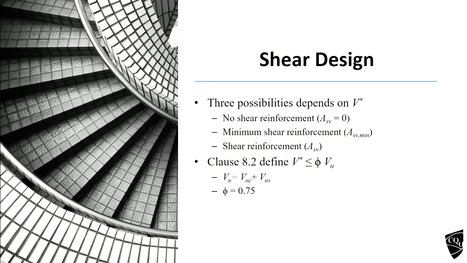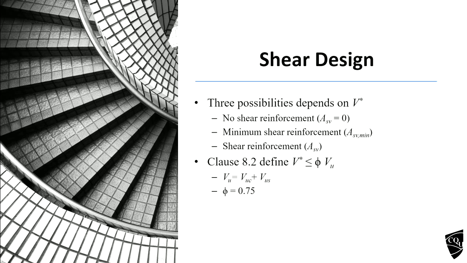So now we will see the pi value is 0.75 and we will see how to find out each and every component, VUC and VUS. VUC is the component from concrete. So how much concrete alone can take.